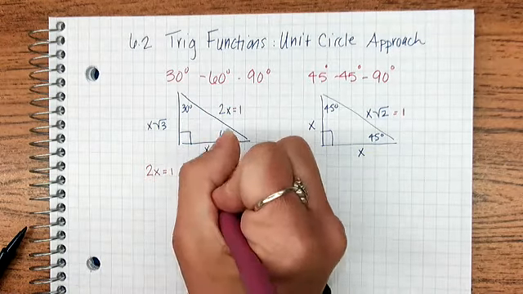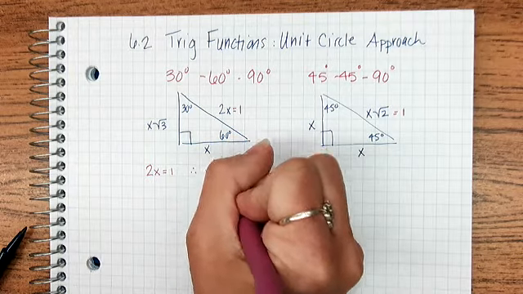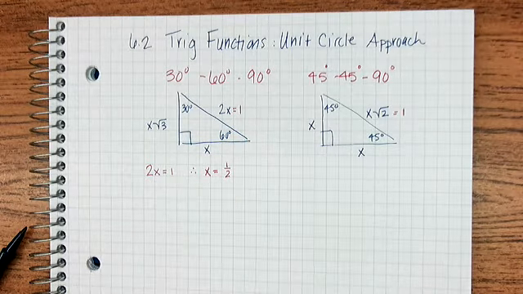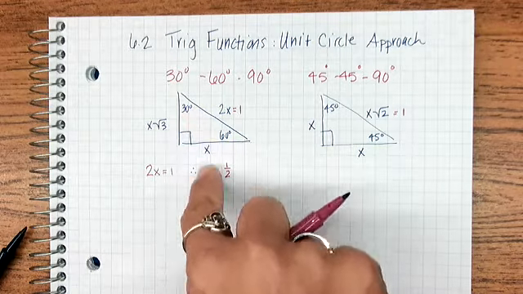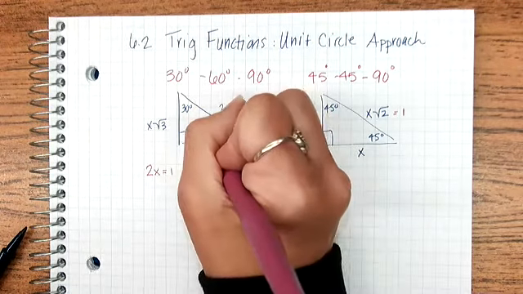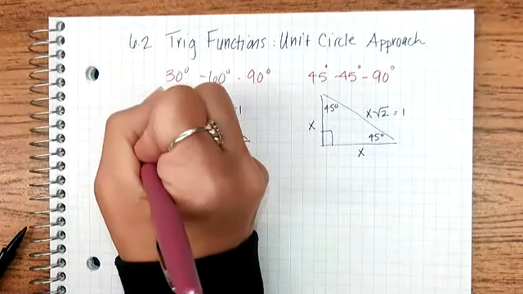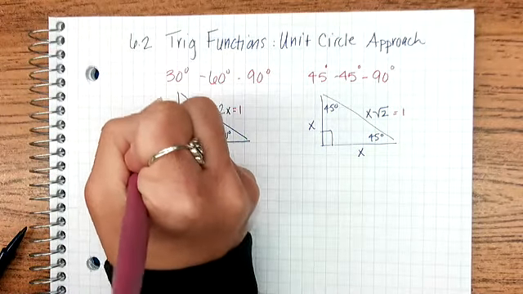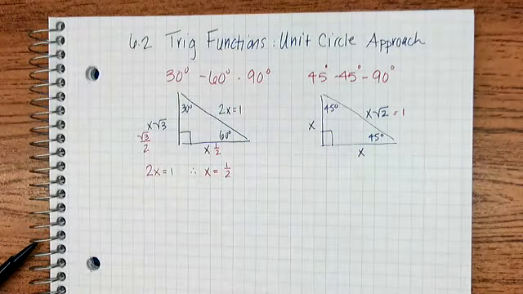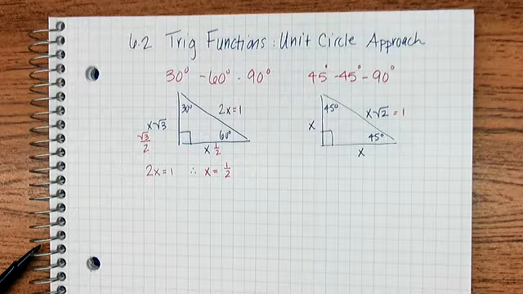Therefore, x is 1/2. So given a hypotenuse of 1, opposite the 30 becomes 1/2, and opposite the 60 becomes root 3 over 2. 1/2 root 3, same thing as root 3 over 2. Again, this only works if the hypotenuse is 1.